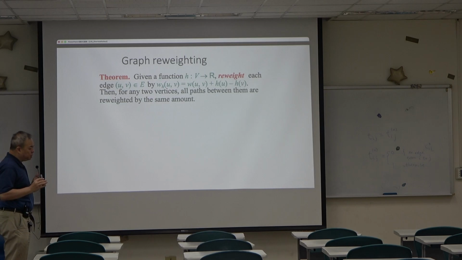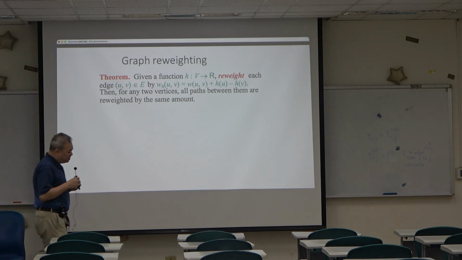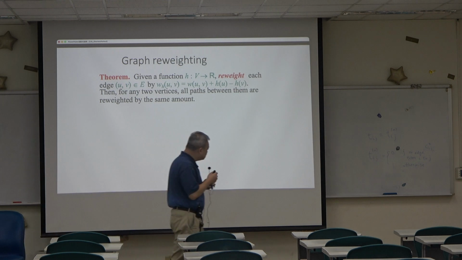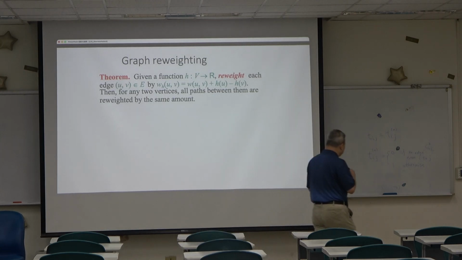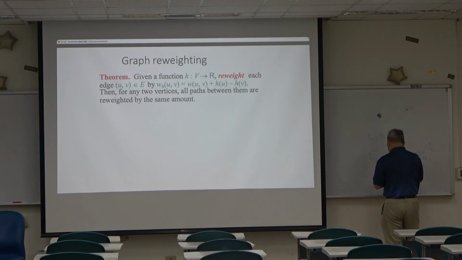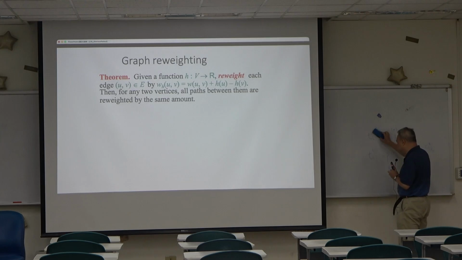So now we have finished two different algorithms to calculate the all-pairs shortest path problem. One is to use matrix multiplication, with a little bit of a twist.